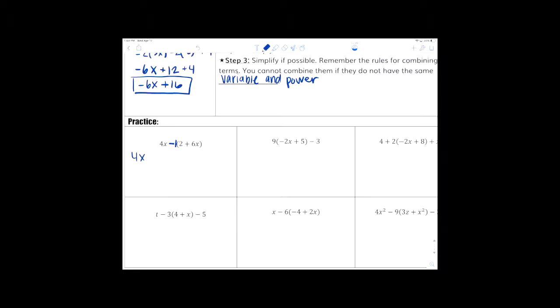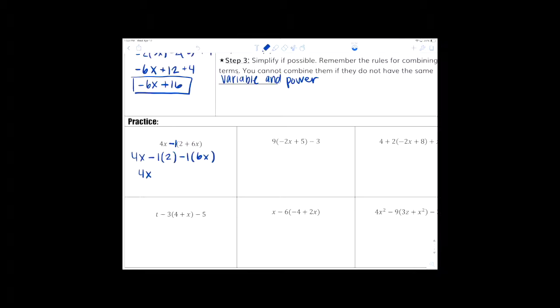So I'm distributing a -1 to 2, so that would be a -1 times a +2. What would come next? -1. -1 times what? 6x. Times 6x. Good. Now I have to multiply.